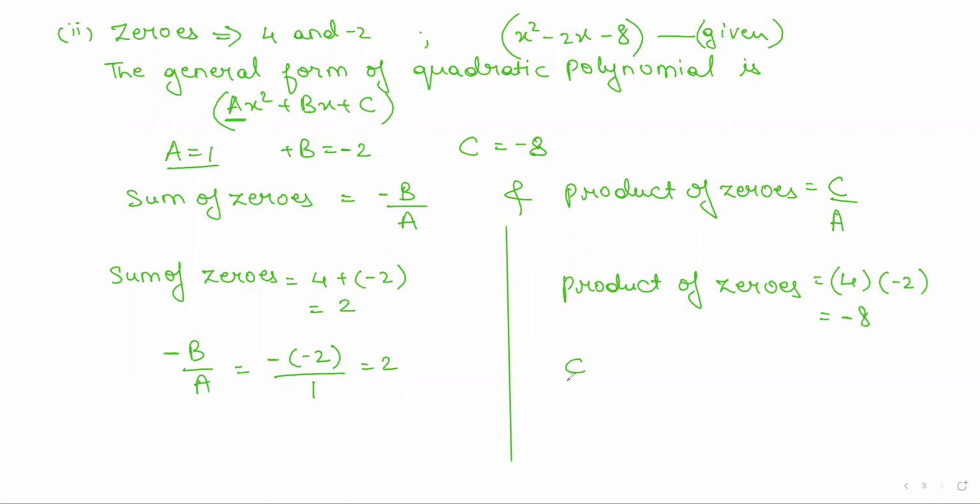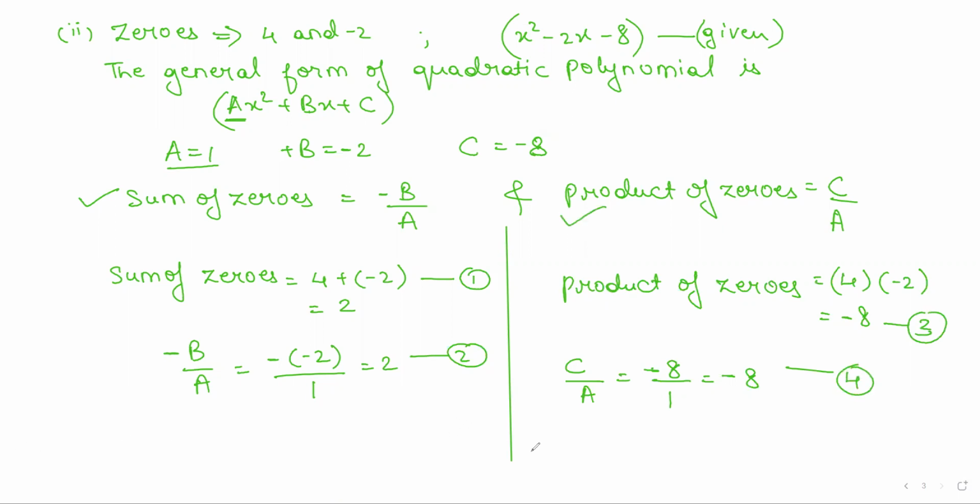And c upon a is equal to minus 8 upon 1, which is equal to minus 8. From these equations, from 1 and 2, this equation is verified, and from 3 and 4, this equation is verified.